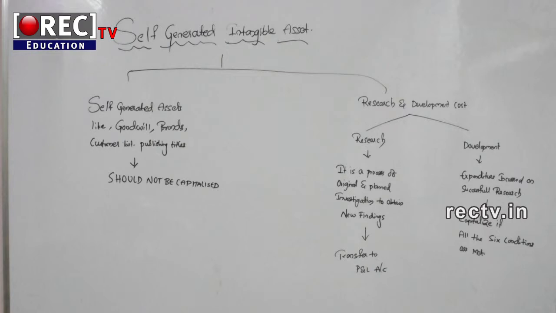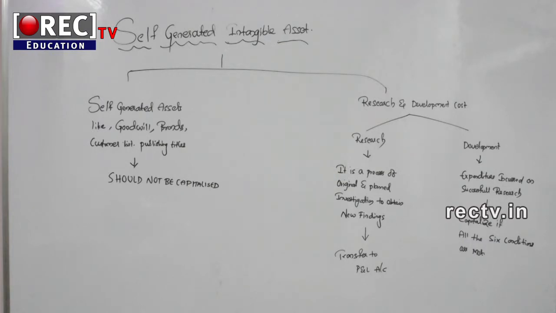The third to fourth years are development cost, so we capitalize them. After the research is successful, you should not bring back the amount you transferred to the P&L account in the first and second year to capitalize in the balance sheet. Whatever amount we have transferred to the P&L account should be shown there only.